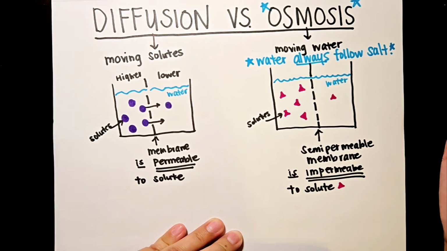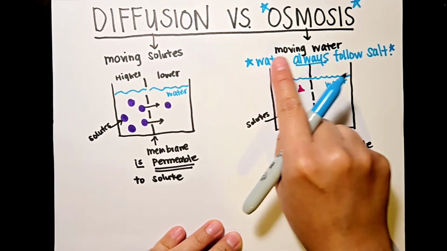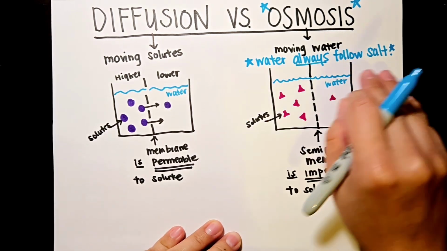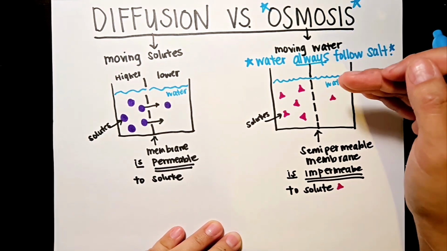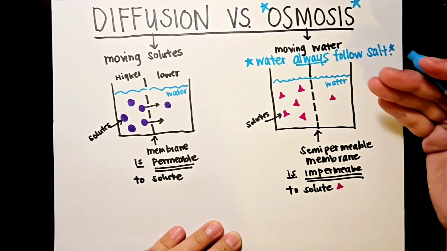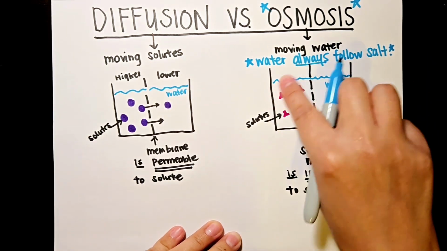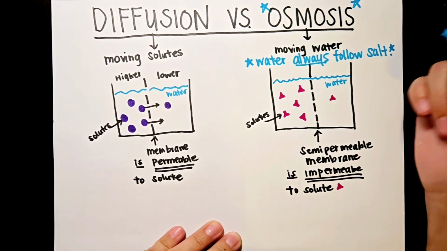Now, that sounds like a mouthful, which is why I always just tell my students, water always follows salt, as an easy way to remember. Water, by osmosis, will always flow to the side with a higher concentration, in a sense trying to dilute the side with higher concentration of solutes to a lower concentration.